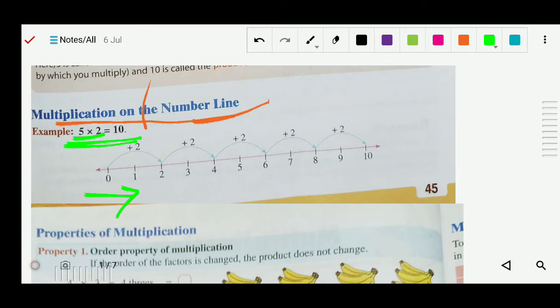All the numbers to the right of 0 on the number line are positive numbers. So 5 for how many times? 2 times. So 2 times 5 will be 1, 2, 3, 4 and 5. Now where did we reach? 10. So what is the answer? 10. This type of solution is called multiplication on the number line.